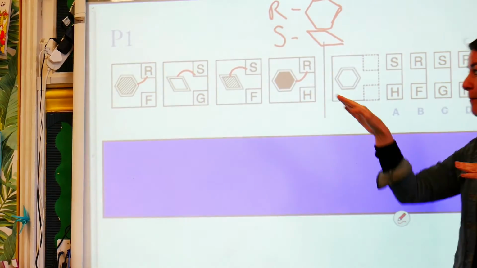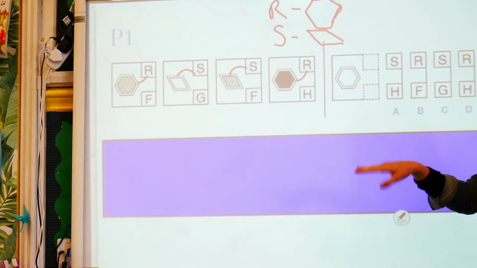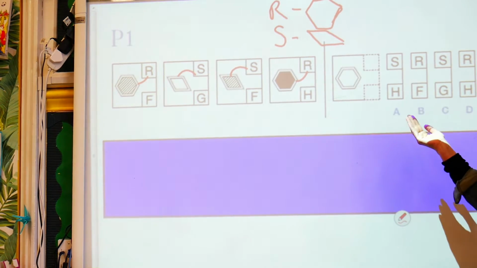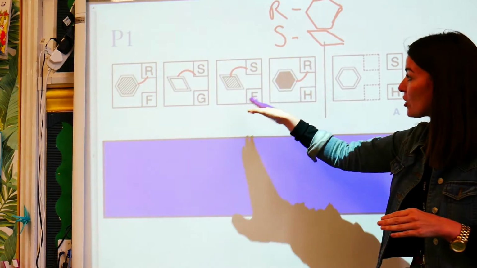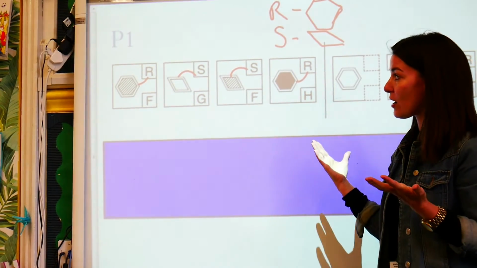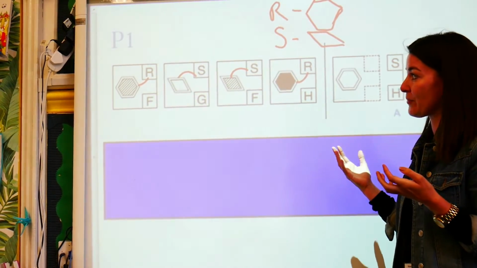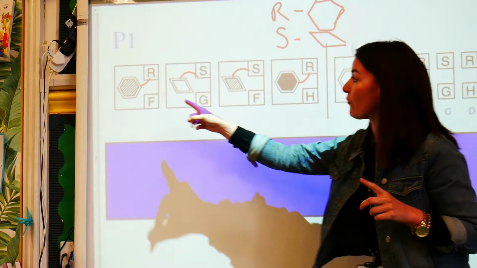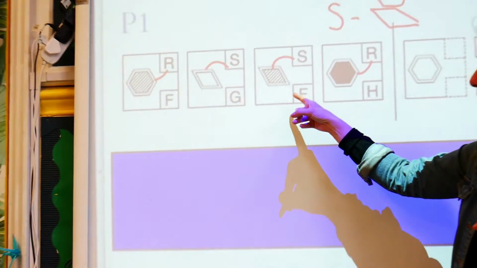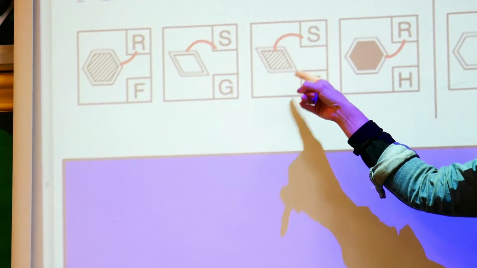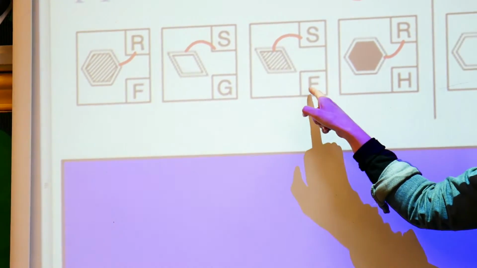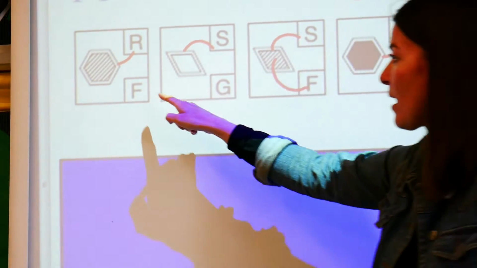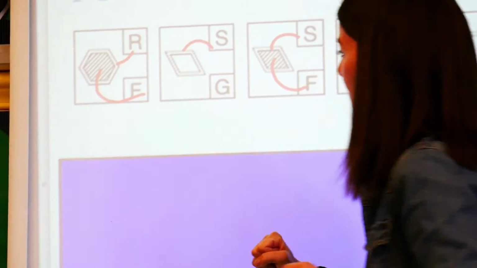Okay, so now I'm going to look at my bottom letters, and I've got F, G, F, H. So again, I look, what do I notice that is the same? And I notice on my first and my third shape, I've got this dashed line effect, and on both of those shapes, I've got the letter F. So I'm going to do a little line in there to demonstrate that for you.